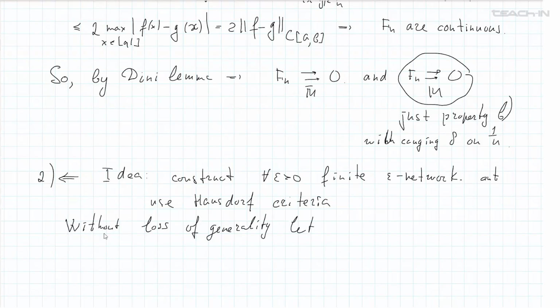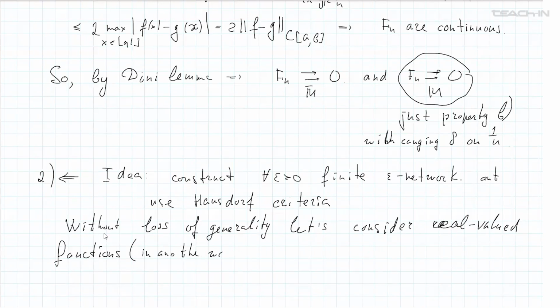Let us consider real valued functions. In the other case, consider f of x equals u of x plus imaginary unit multiplied by v of x, and repeat our proof for u and for v.